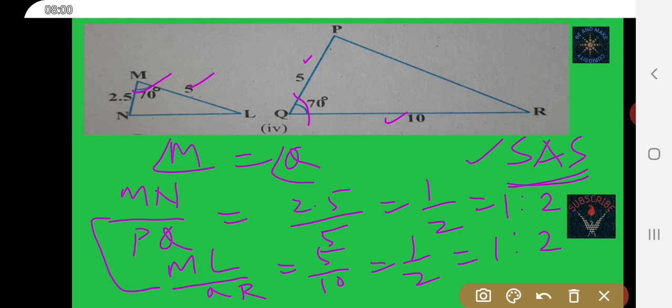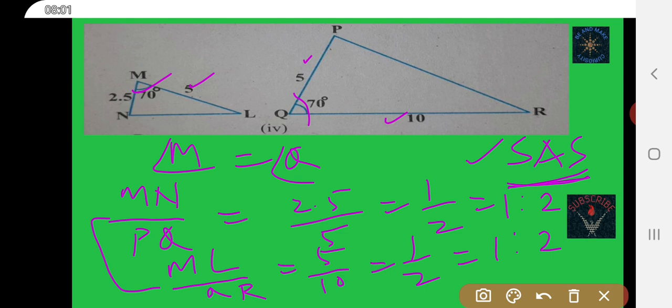That means two corresponding sides of the two triangles are proportional and included angles are equal. So they satisfy the SAS similarity criterion.